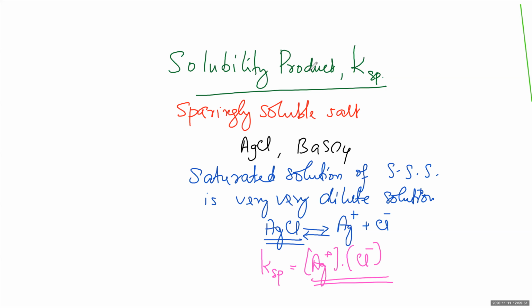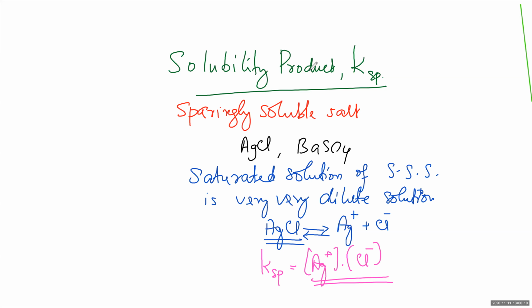So the product of the concentrations will also be a constant, and that is called the solubility product of AgCl. So Ksp of AgCl is equal to the concentration of Ag plus times the concentration of Cl minus.